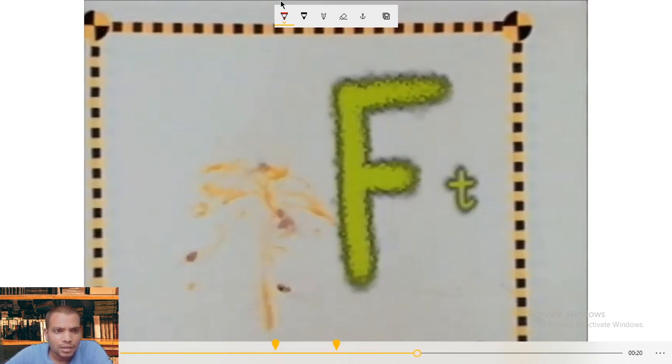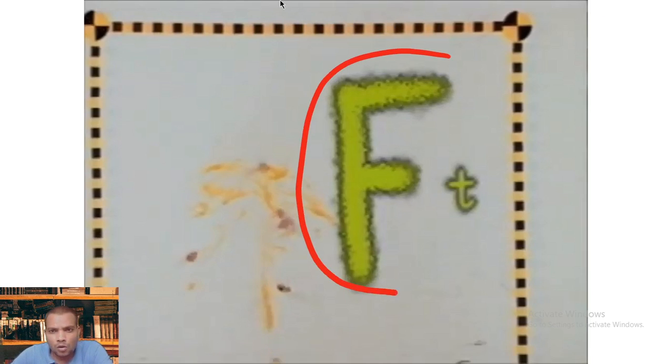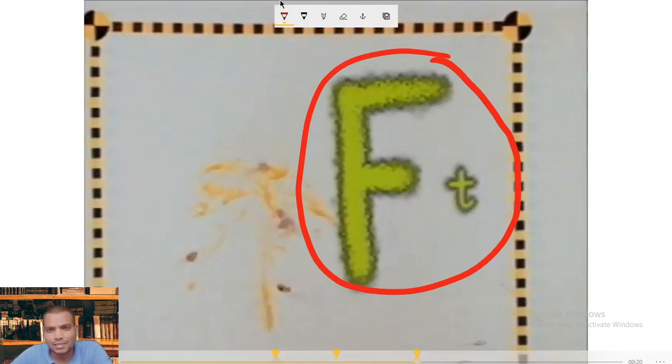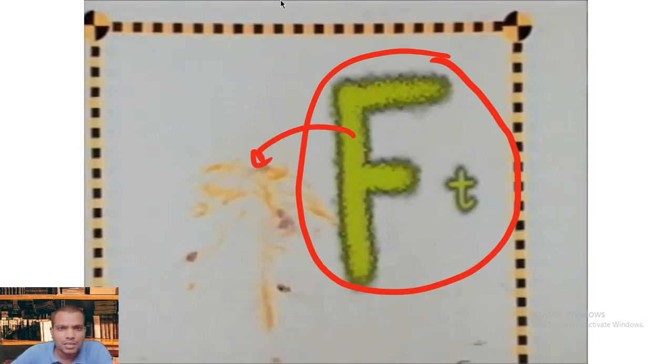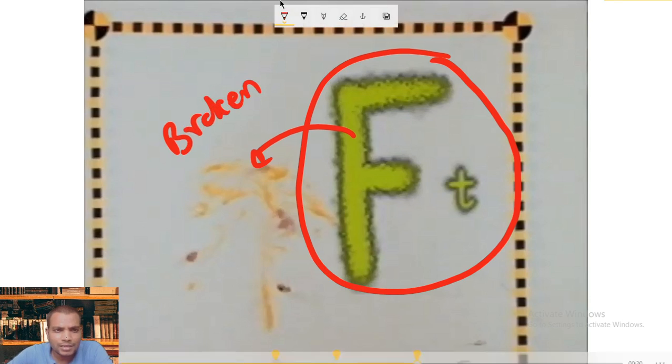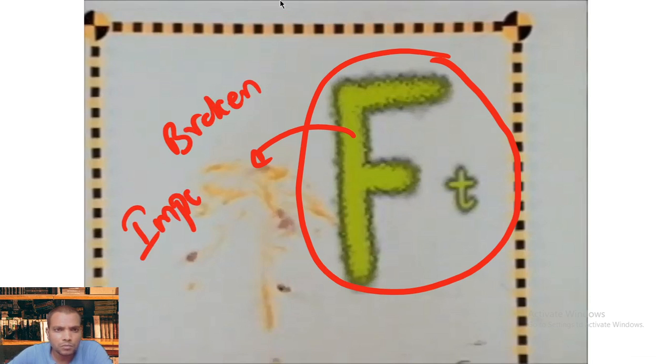In the solid wall, force is more and time is less. Force is more and time is less. See, here you can see the size of the letters. So that's the reason it's broken. In other words, I can say impulsive force is more.